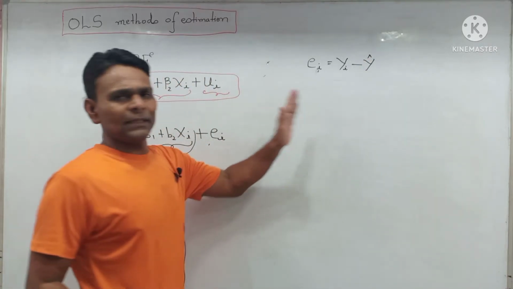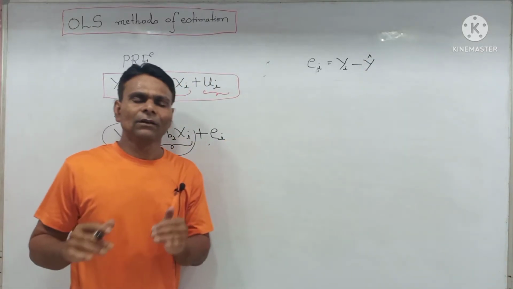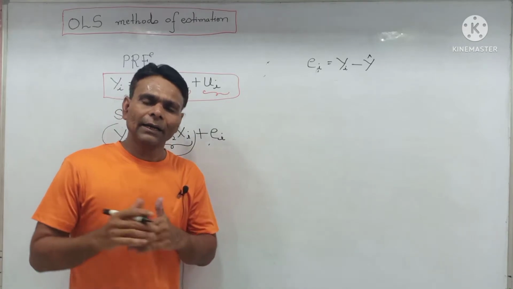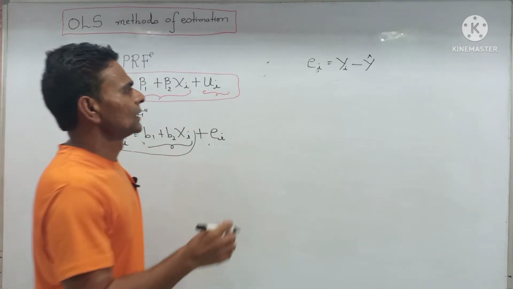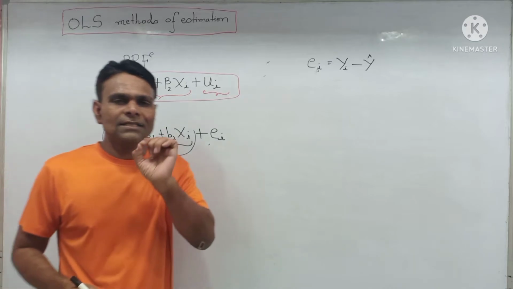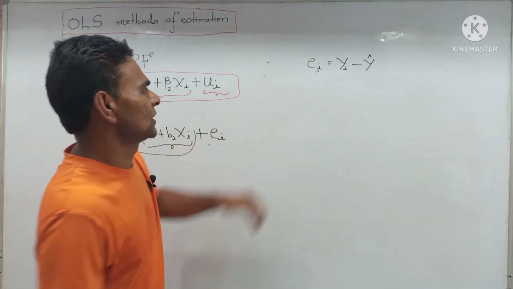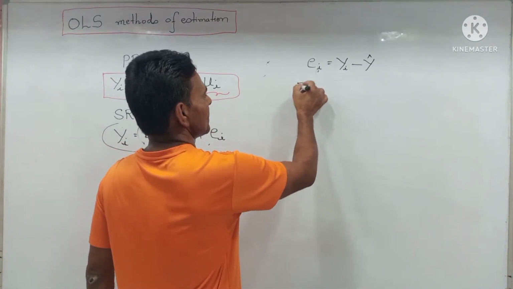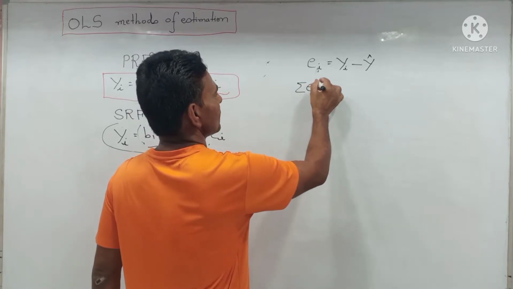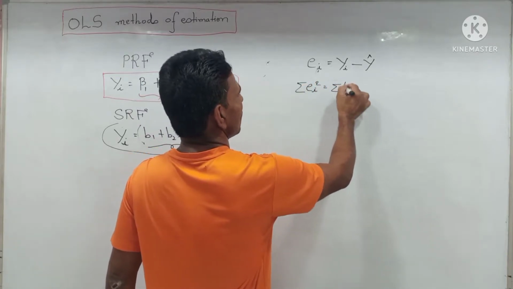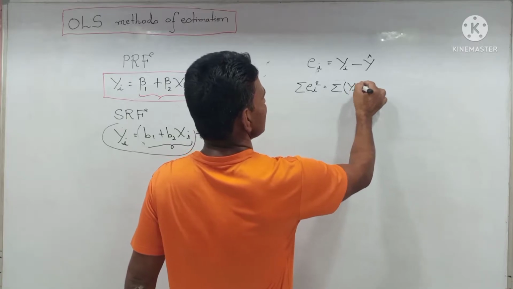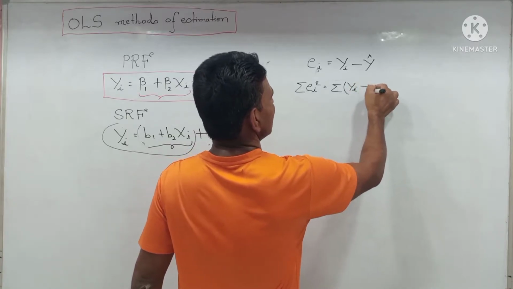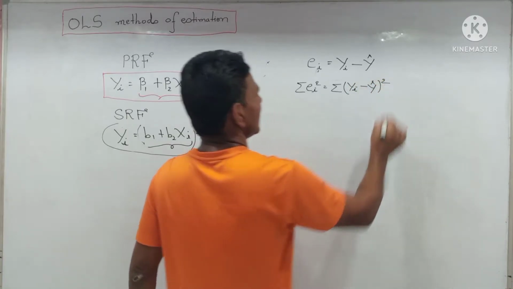This equation represents the difference between the observed value and the predicted value. Squaring and summing both sides, the summation of ei square equals the summation of yi minus the predicted value of y, squared.